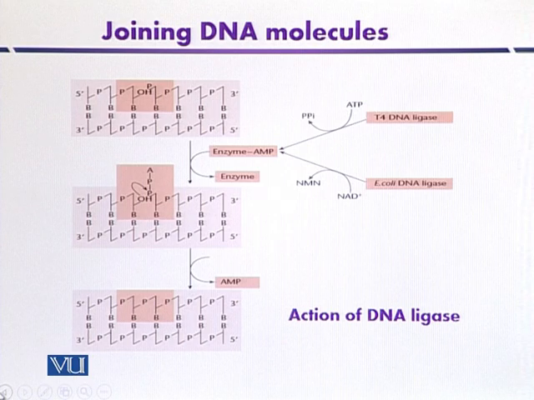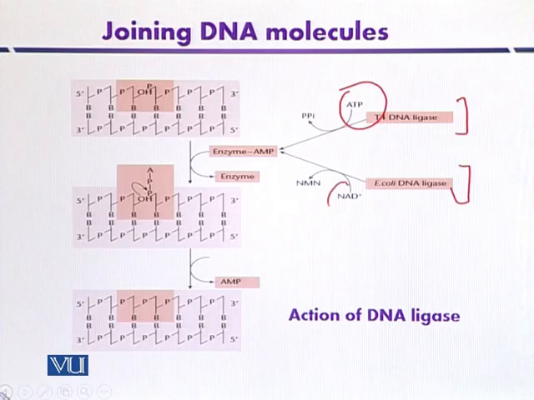There is another diagram indicating the action of T4 DNA ligase and the DNA ligase isolated from E. coli. Their cofactor requirements are different, like ATP for T4 DNA ligase and NAD plus for DNA ligase from E. coli. Both will hydrolyze and an enzyme AMP complex will be formed here.